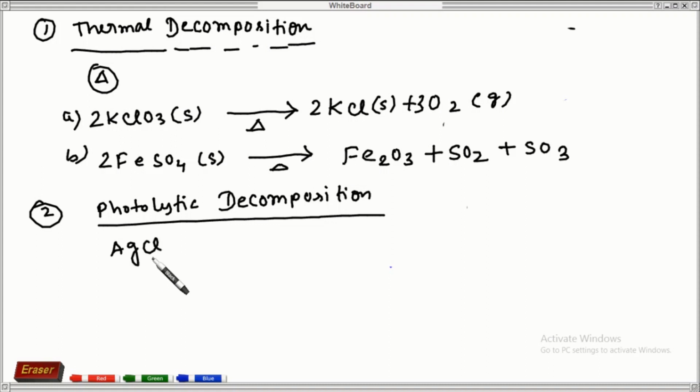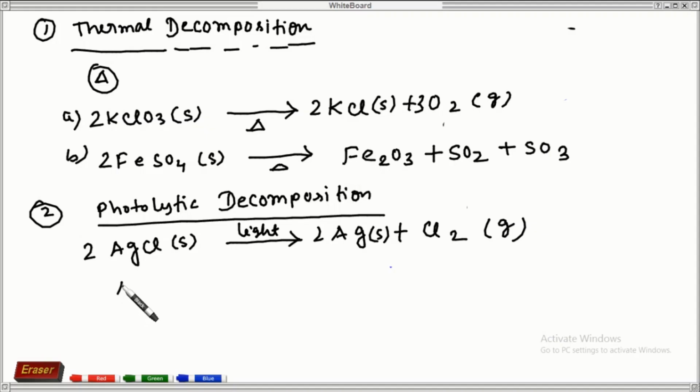What is it? Silver chloride, which is a solid. In presence of light, it breaks into Ag and chlorine. Put 2 and 2 to make it balanced.